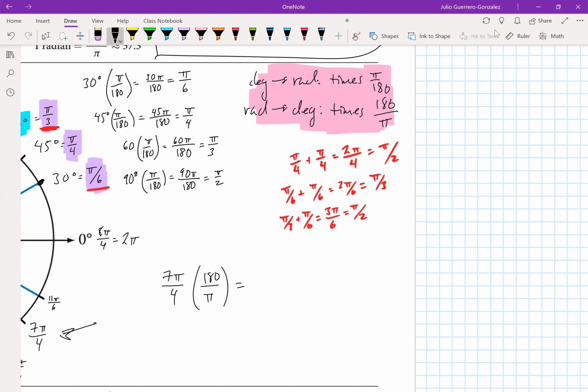And the way that that happens is 7 pi over 4, 7 pi times 180. Let me get the calculator out.